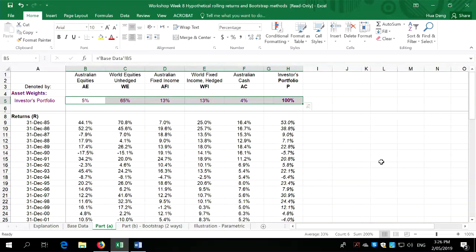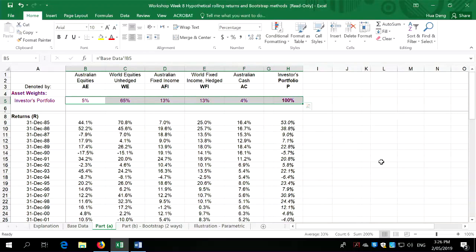So that's another way to do bootstrap. It's similar to the ideas of stochastic asset model used in practice by the financial planners or investment advisors. So with the stochastic asset model, they allow all of the parameters, all of the asset returns to be random outcome.